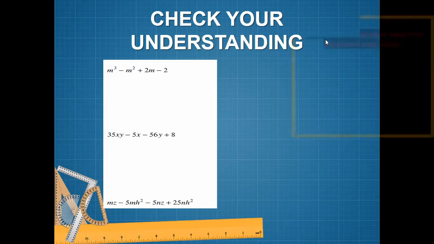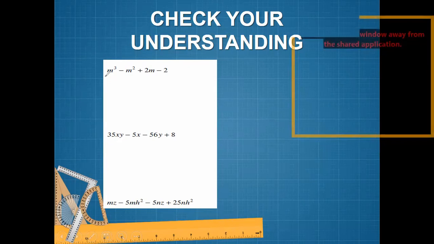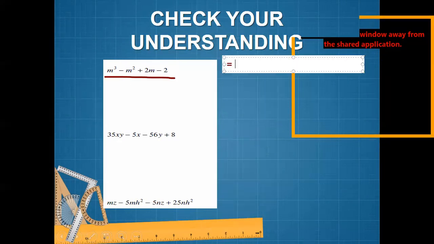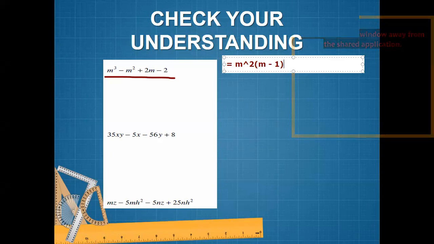Okay, let's answer the following problem. For number 1, we're asked to factor out n cubed minus n squared plus 2n minus 2. So n cubed minus n squared, that's n squared multiplied by n minus 1, plus, of course, the greatest common factor of 2n minus 2, that's 2, multiplied by n minus 1.